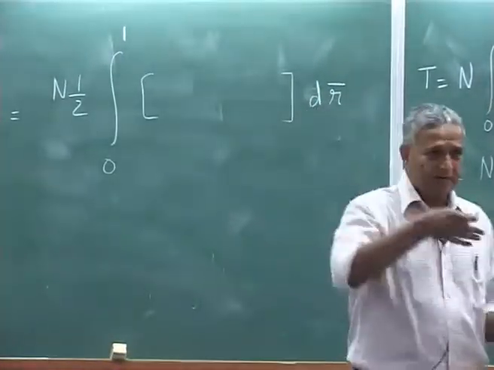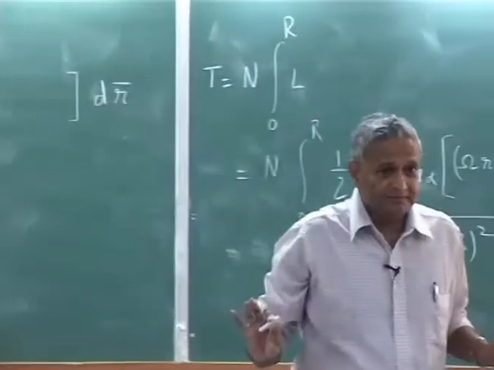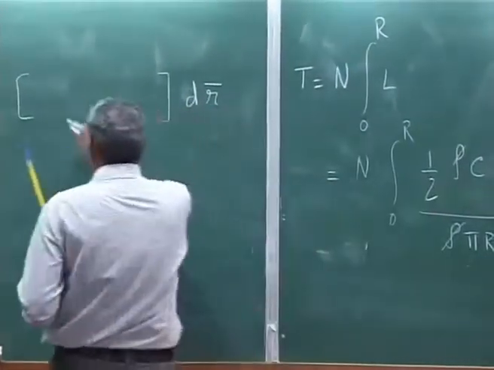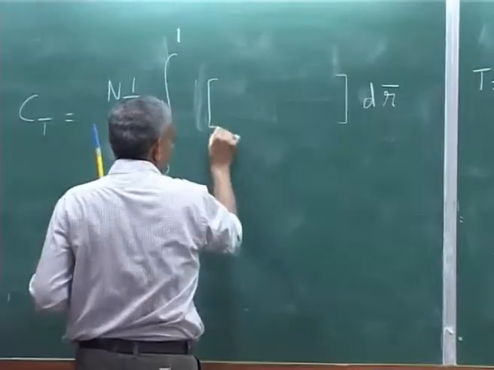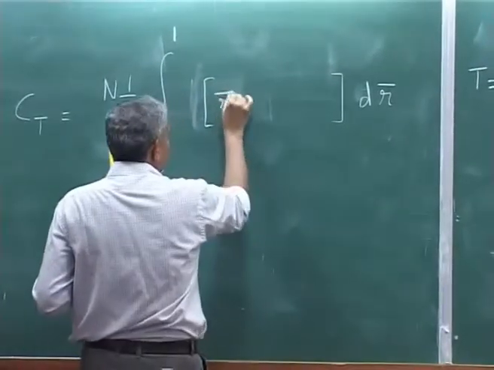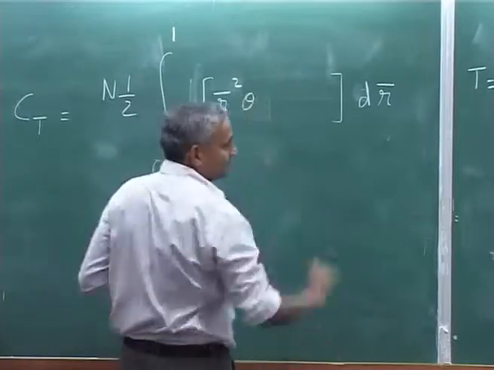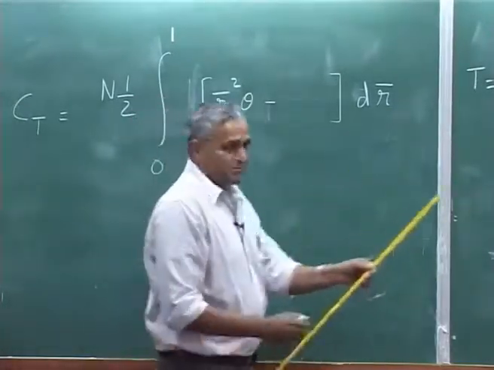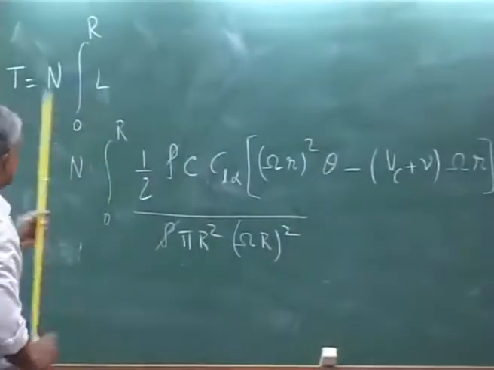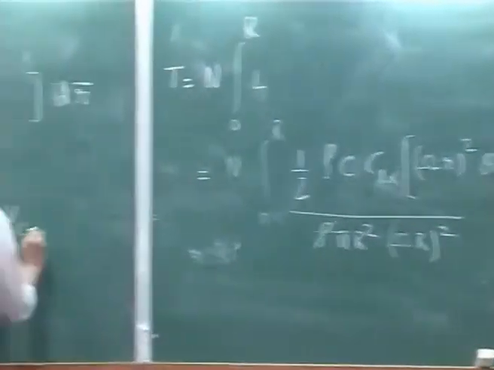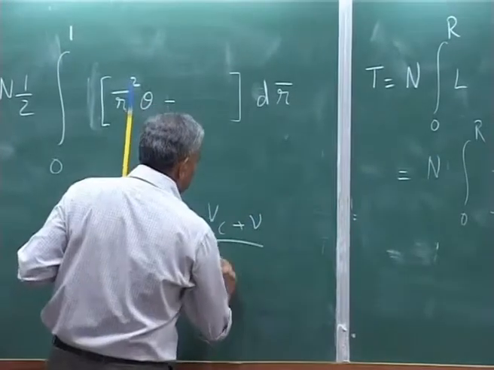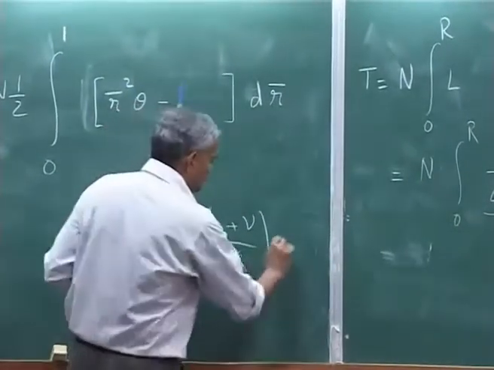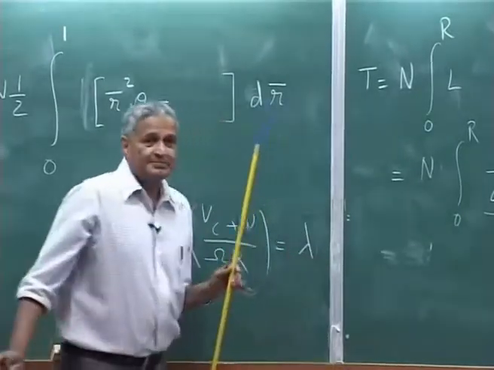R bar means r over R, so the integral is 0 to 1, right. Now, inside quantity, let me first write it, that is r bar square theta minus, I am going to call this symbol Vc plus nu over omega capital R by a new symbol which is lambda.